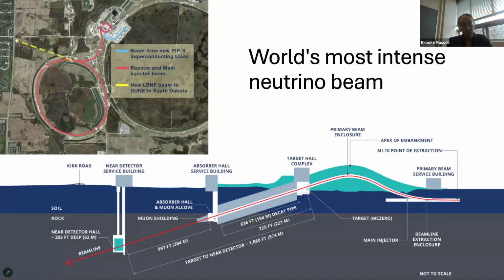So going back to the Fermilab site, the beam originates at Fermilab through the acceleration of protons through a linear accelerator, a booster ring, and then those protons impinge on a target. They produce hadrons. Those hadrons are focused through a pulsed magnetic horn.